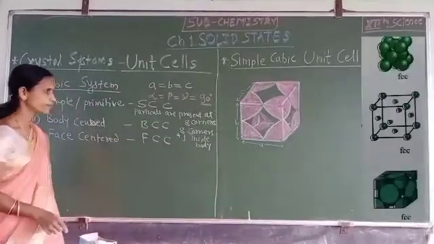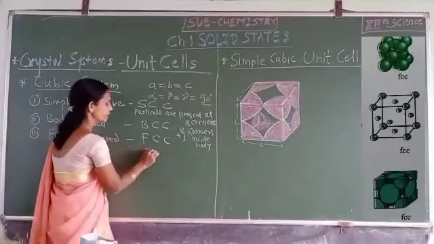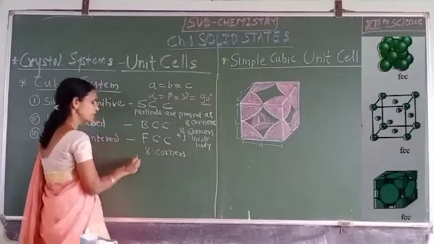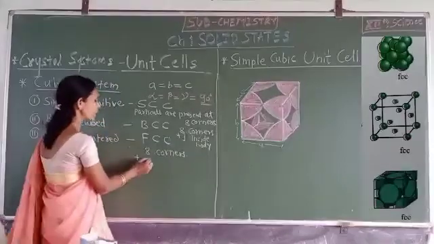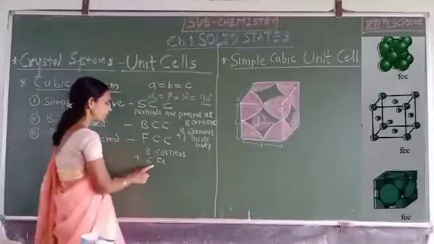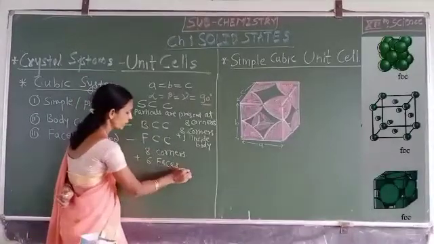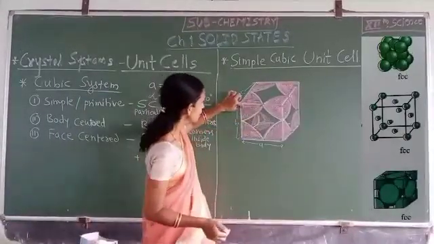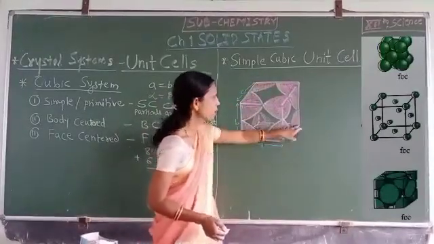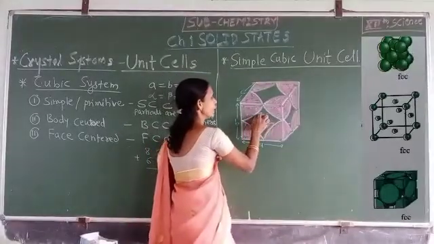Then FCC. In FCC there are particles present at the 8 corners, as well as particles present at the 6 faces of that unit cell. That means there are a total of 6 faces, and particles are present at the center of each face.